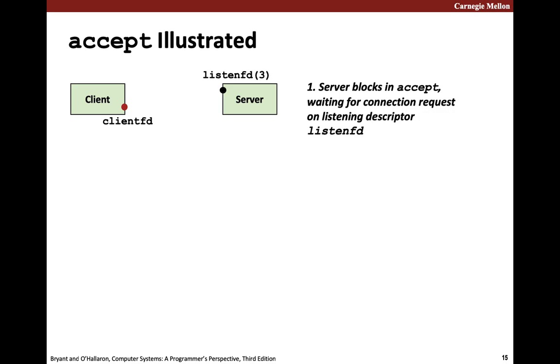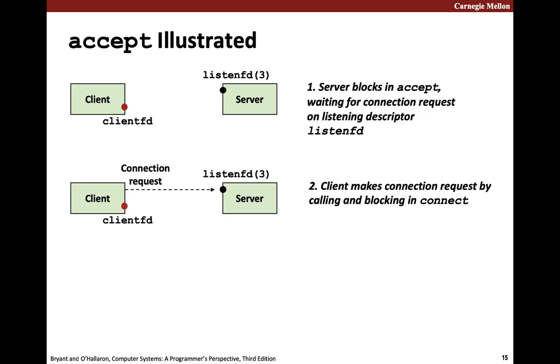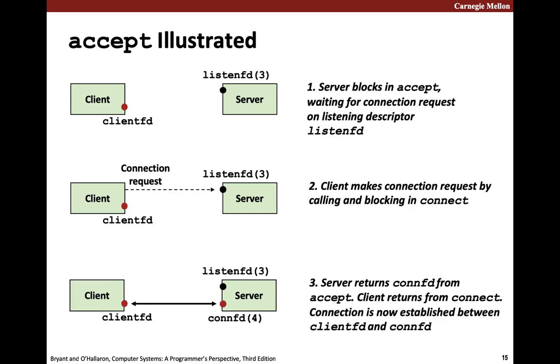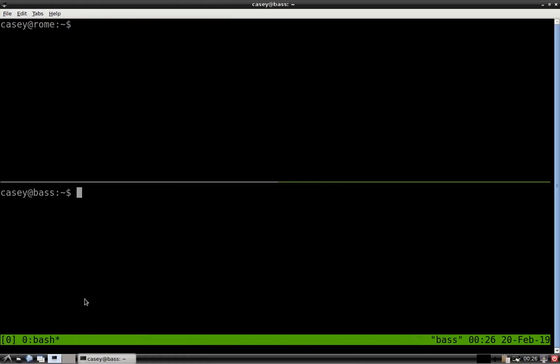Well, that server code is just going to wait there for some client. So accept will not return until a client actually does something. It's not until the client comes in that accept returns, and then we get this new file descriptor associated with that.